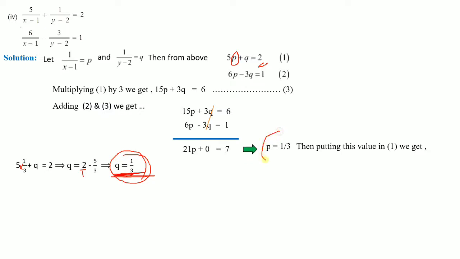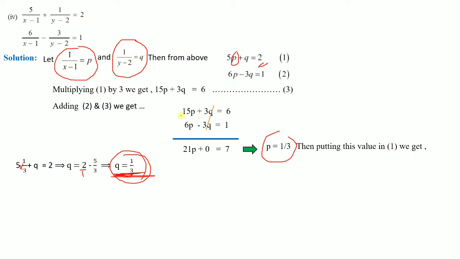Now we got p is equal to 1 upon 3 and q also 1 upon 3. Now we'll go back to our supposition. p is equal to 1 upon x minus 1, and q is equal to 1 upon y minus 2.